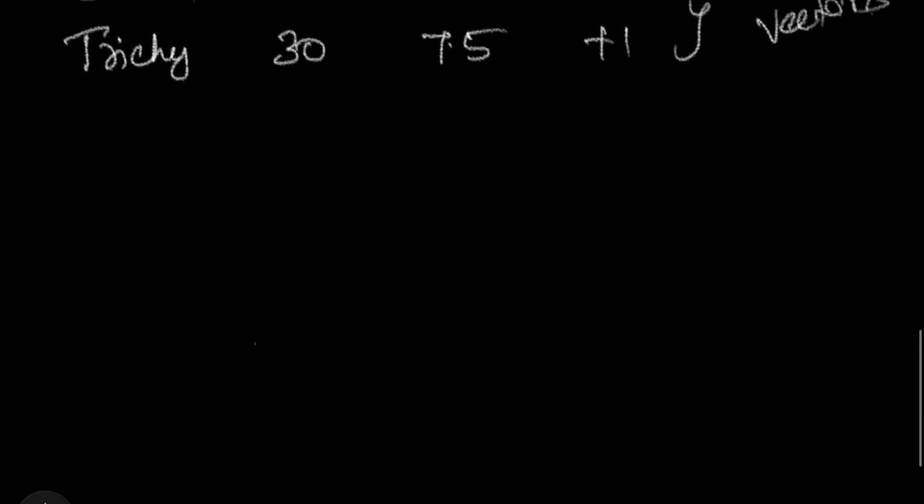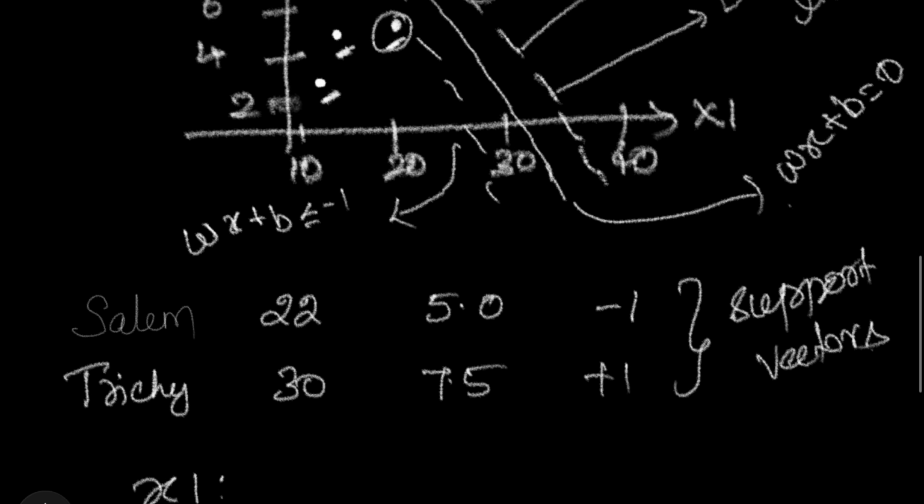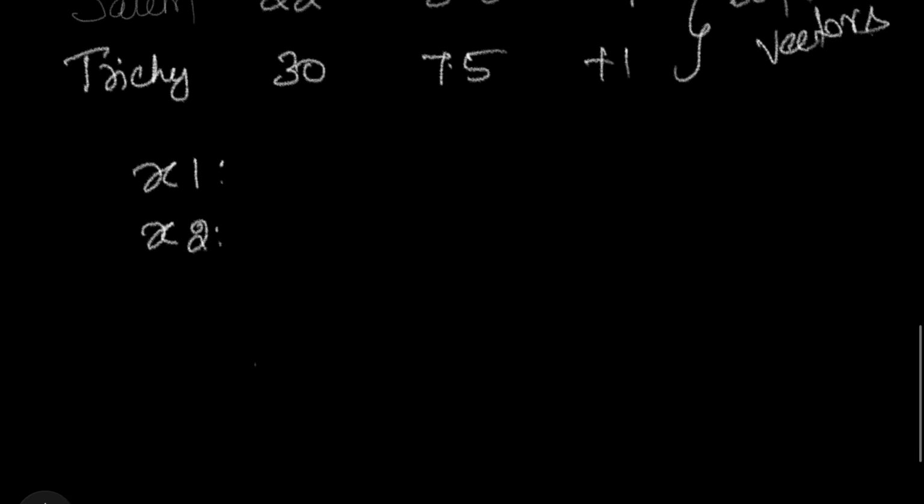So let us take these values as x1 and x2 in order to find the equation of the boundary line. This boundary line equation should be identified so that, whatever the new sample is, the x1 and x2 values can be applied on this and I can find the value of it. Now let us take 30, 7.5.